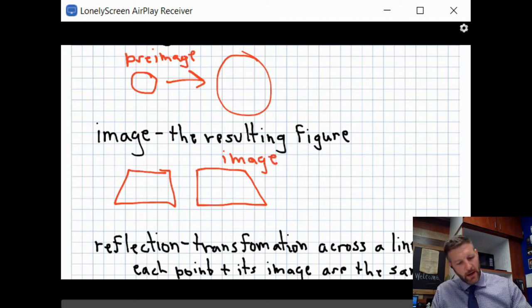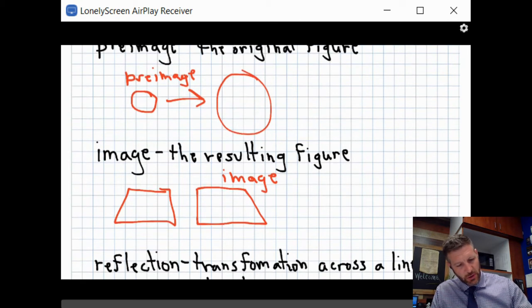The other thing that I will note with both image and pre-image is the way that it's notated. So the one above, let's just say we have circle A, that's the pre-image. The image afterwards would be written as A with a little apostrophe next to it.